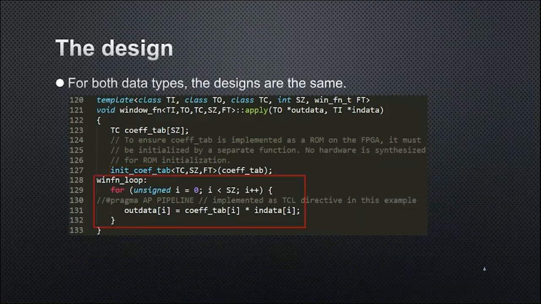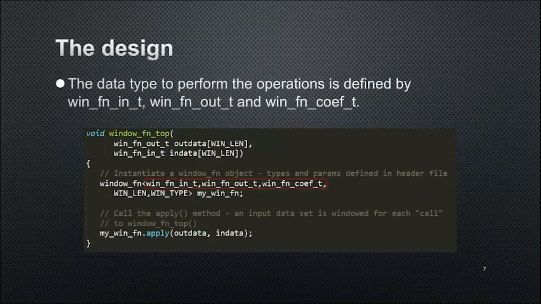And then for each input, it is multiplied with its corresponding coefficient and becomes the output. So this is the kernel design. And in the design, the data type to perform the computation is defined by these 3 types.